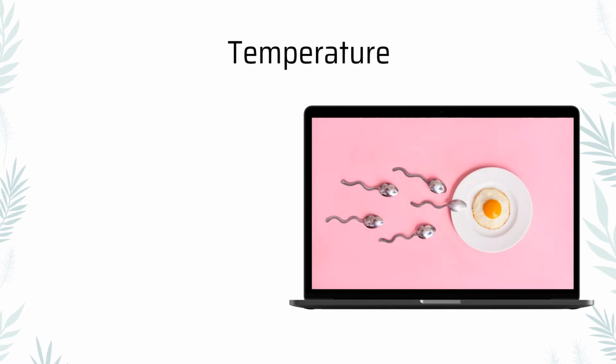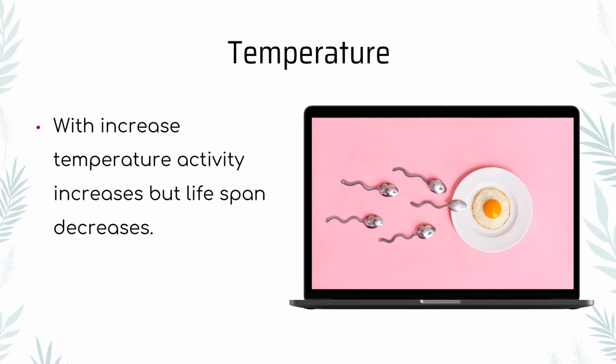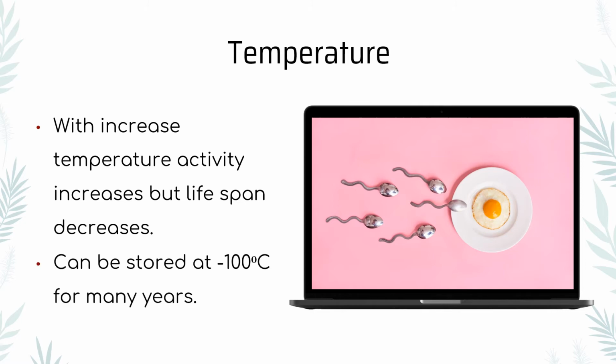And temperature. With rising temperature, the activity of the sperm increases, but their lifespan is shortened. In the ejaculated semen, the maximum lifespan of sperm is 24 to 48 hours at body temperature, but at lower temperature, the sperm can be stored for several weeks, and at minus 100 degrees Celsius, sperms can be preserved for many years.